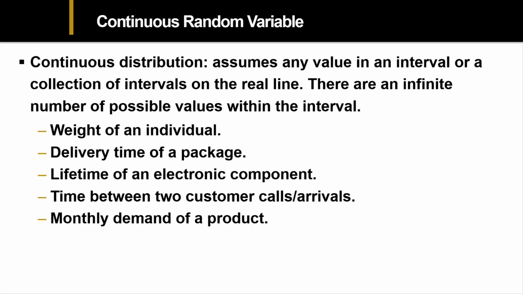Everybody has a variety of electronic devices that they use, and the lifetime or usage time for an electronic component or a device is also a continuous random variable because it's measured in time and fractions of seconds are allowed. Same with the time between calls coming into a customer call center. That also works for customers walking into a retail outlet or some kind of storefront.